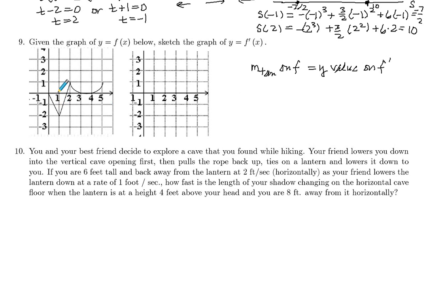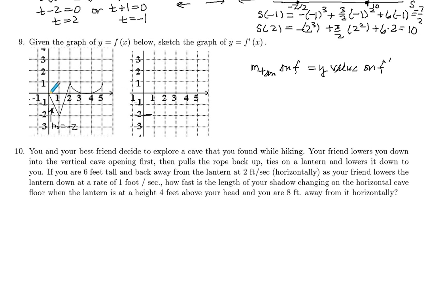Well, between 0 and 1, this graph is a line, so the tangent segment is just going to be exactly that line. And the slope of this line here is fall 2, run 1. So right here, m equals negative 2. Well, what that means is between 0 and 1 over here, we're going to be at y value negative 2.